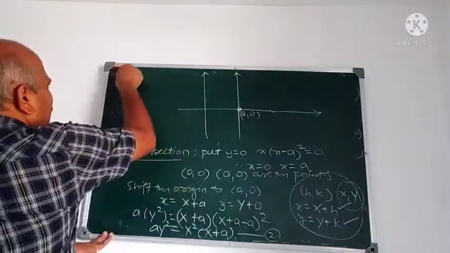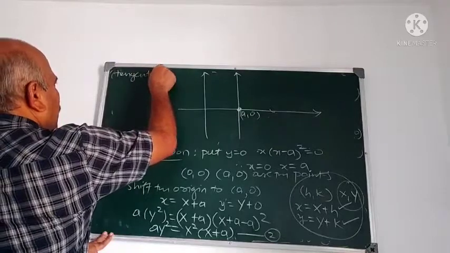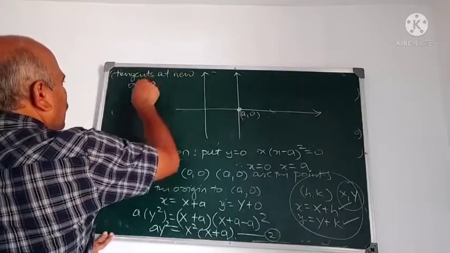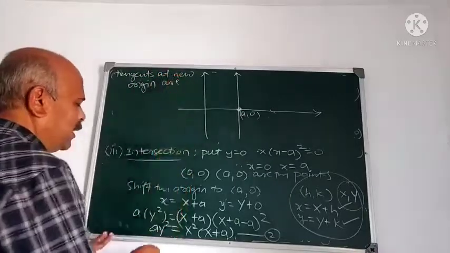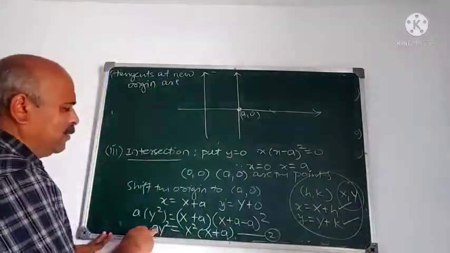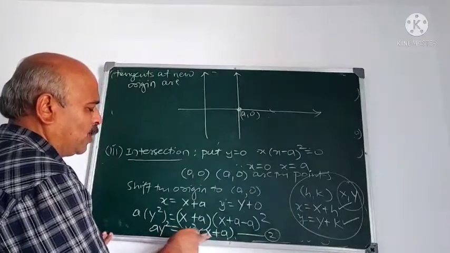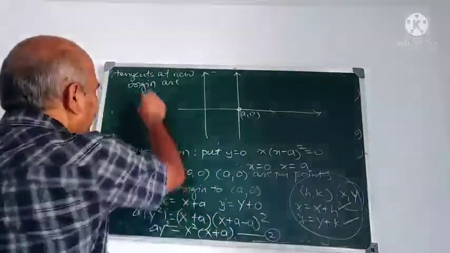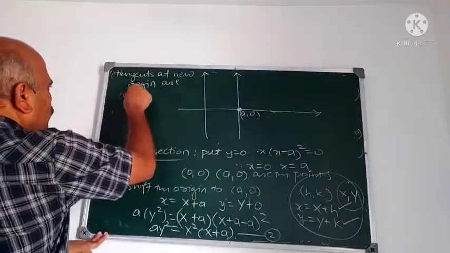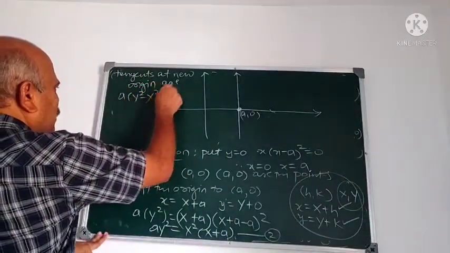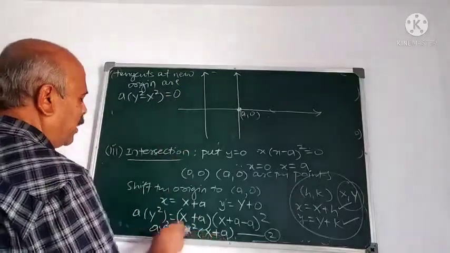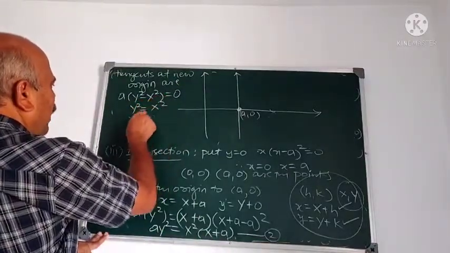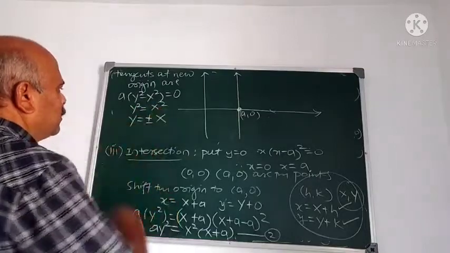Now, tangents at the new origin: the lowest degree terms are a Y square and a X square, because there are three terms, a Y square, X cube, a X square. So a into (Y square minus X square) is equal to 0, a common. So Y square is equal to X square, Y is equal to plus or minus X.